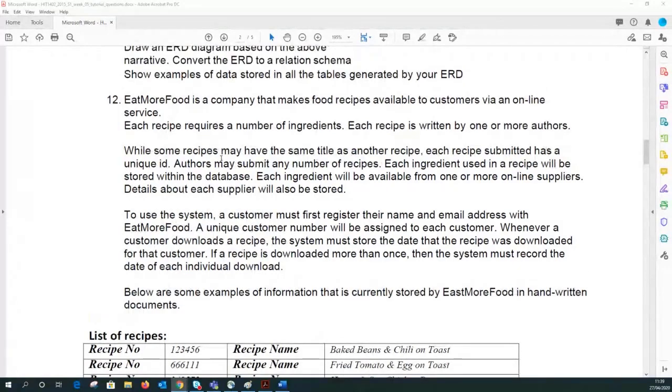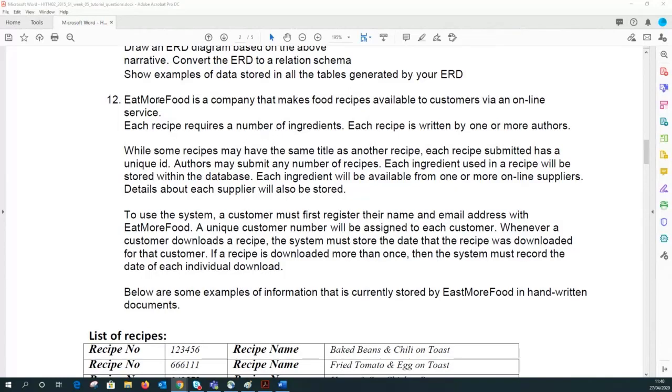So let's read it. Eat More Food is a company that makes the food recipes available to customers via online service. Each recipe requires a number of ingredients. Each recipe is written by one or more authors. Now, if you read these couple of sentences, it looks like there are so many entities, isn't it?